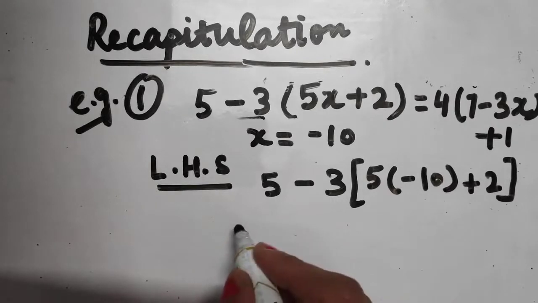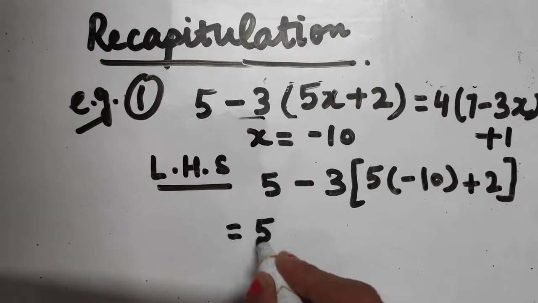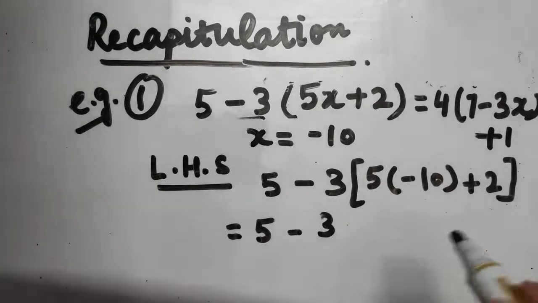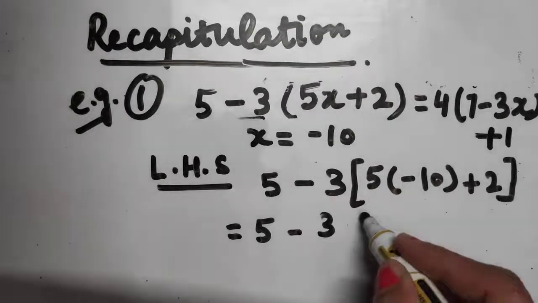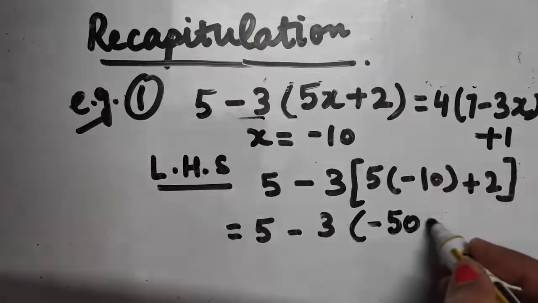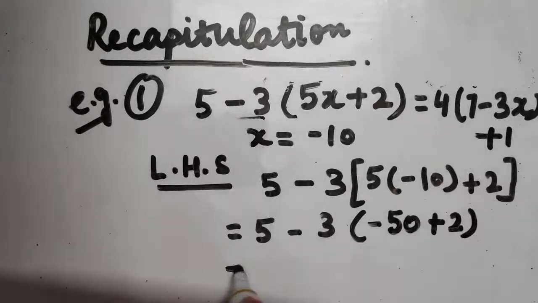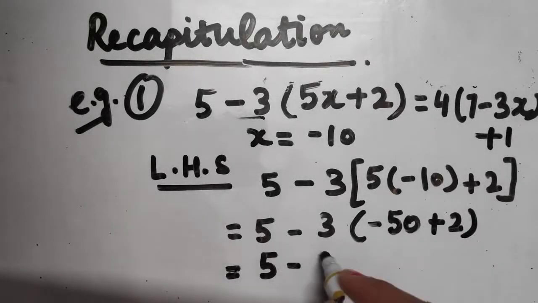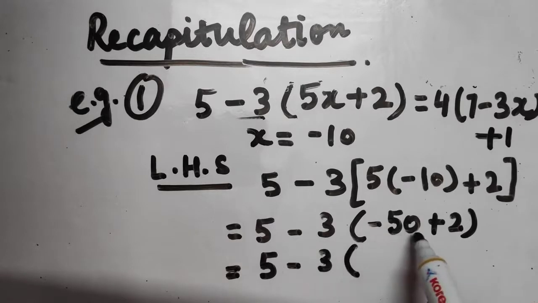What will it be equal to? It will be 5 minus 3, 5 into minus 10 is minus 50, plus 2. So 5 minus 3 bracket minus 50 plus 2 will be equal to minus 48.